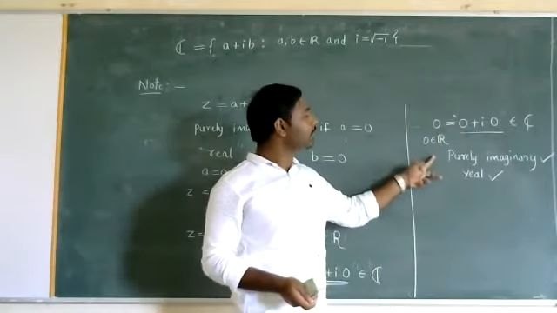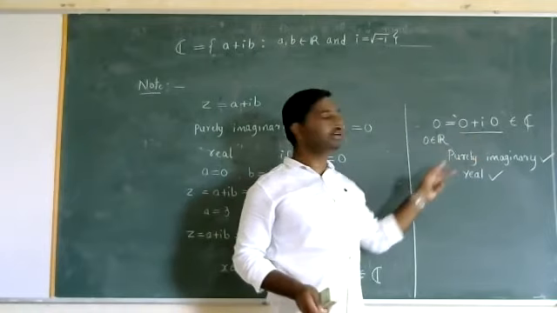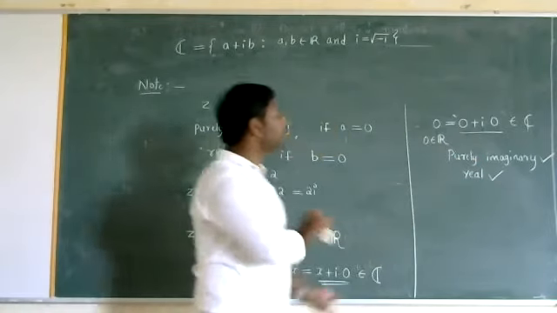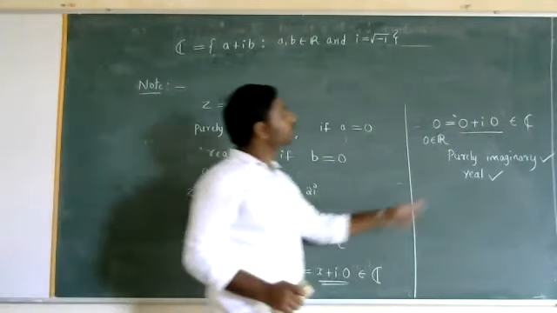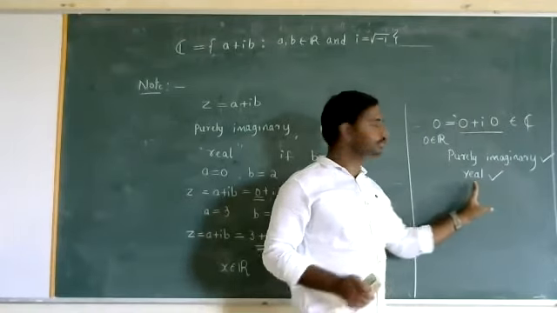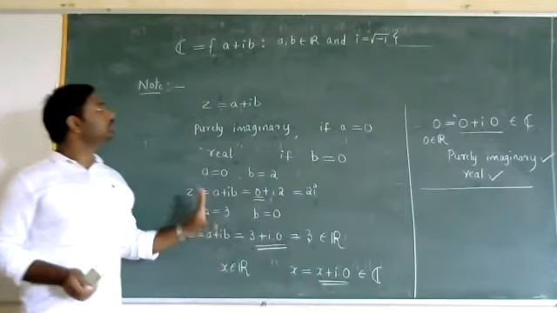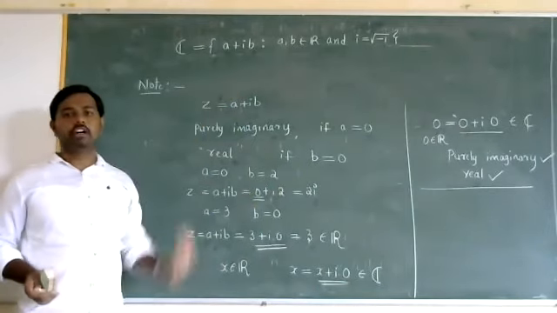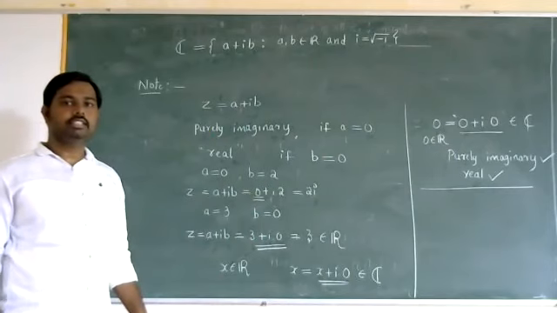It is the only number with this property, because we cannot find any other complex number which is both purely imaginary and real. So this is an important observation on the set of all complex numbers. And by this observation, I conclude this session.